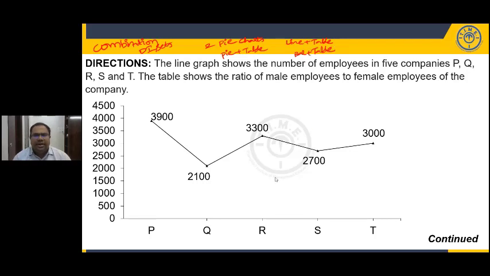RRB 2020. Look at the set. Line graph shows number of employees in 5 companies, PQRST. Table shows ratio of male employees to female employees of the company. In the table we have ratio of male and female, and this line graph shows total number of employees. Okay, let me write this here.